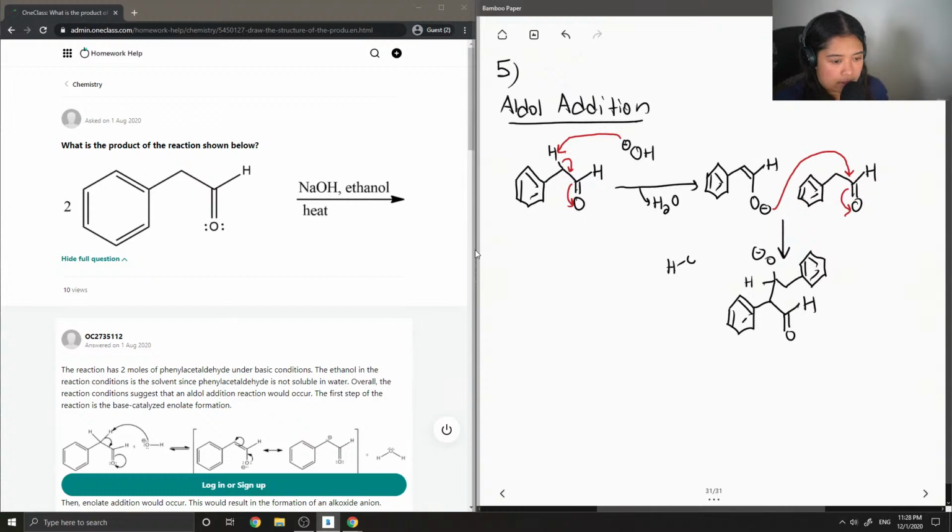And now, lastly, the negatively charged oxygen deprotonates a water molecule to form an alcohol group. Which gives us our final product.